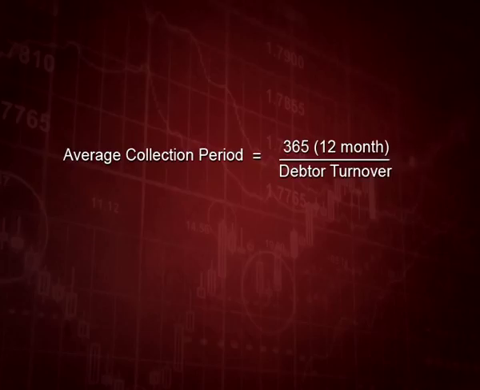First is average collection period related to debtor turnover. The formula is 365 days or 12 months divided by debtor turnover. Now, this will give you the time period of the collection of the debtor.